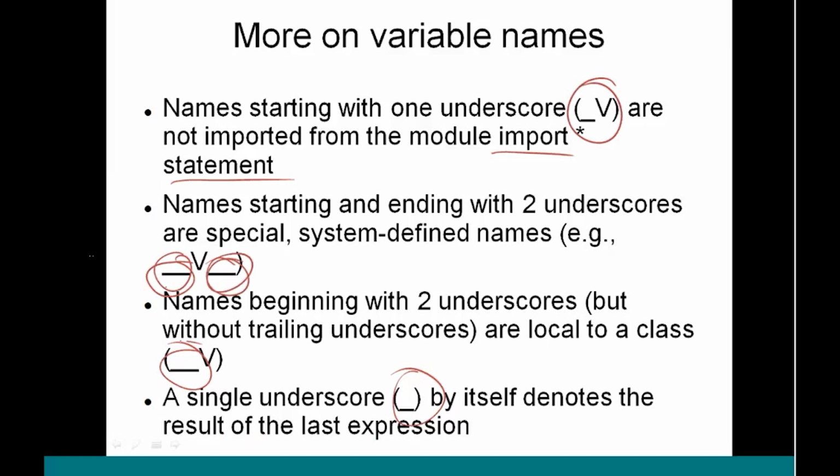If the names begin with a double underscore followed by the variable name without the trailing underscores, then it is local to a class, basically. And then finally a single underscore itself denotes the result of the last expression. So as I mentioned, you can use it for functions to return values.